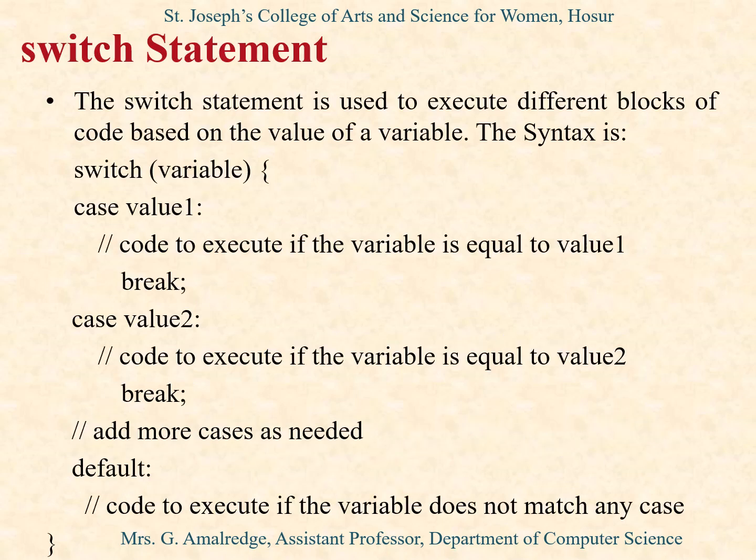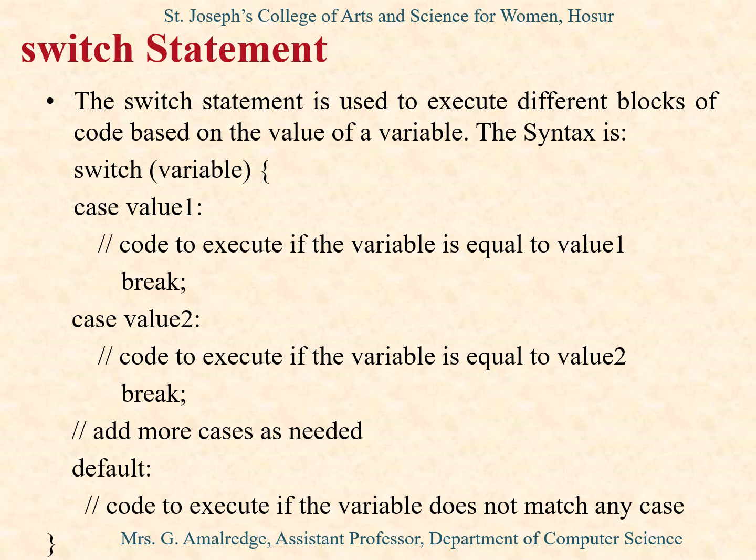The next statement is switch statement. This statement is used to execute different blocks of code based on the value of a variable. In some cases, we are going to check the value of a variable and based on that value, we are going to execute some different parts of the program. For that case, we are using the switch statement. So this is the syntax for switch statement.